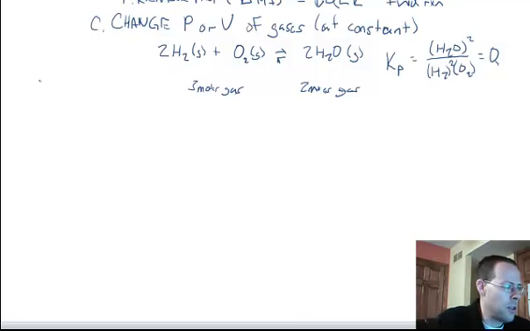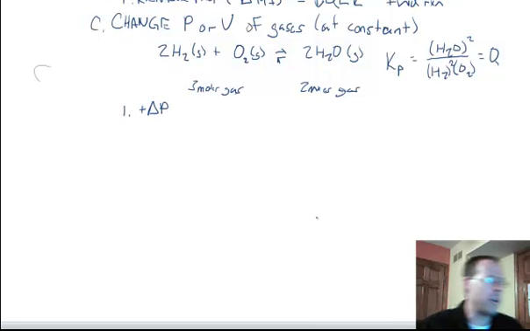Okay? So, a couple situations can happen. We can either increase or change our pressure positively. So how can we do that? We could start compressing whatever container it's in. Okay? As we compress that, those molecules hit the sides more often because there's less distance to travel between the sides, so we can increase the pressure.